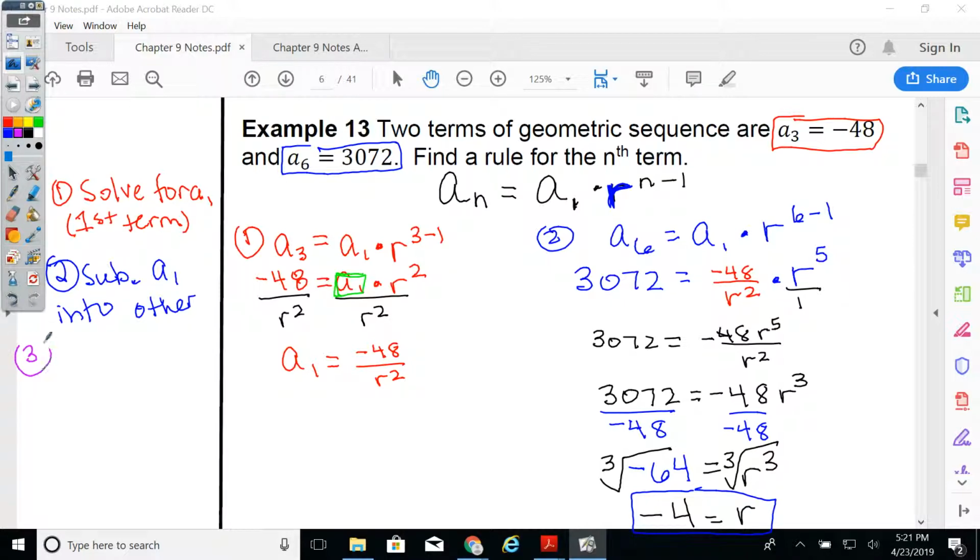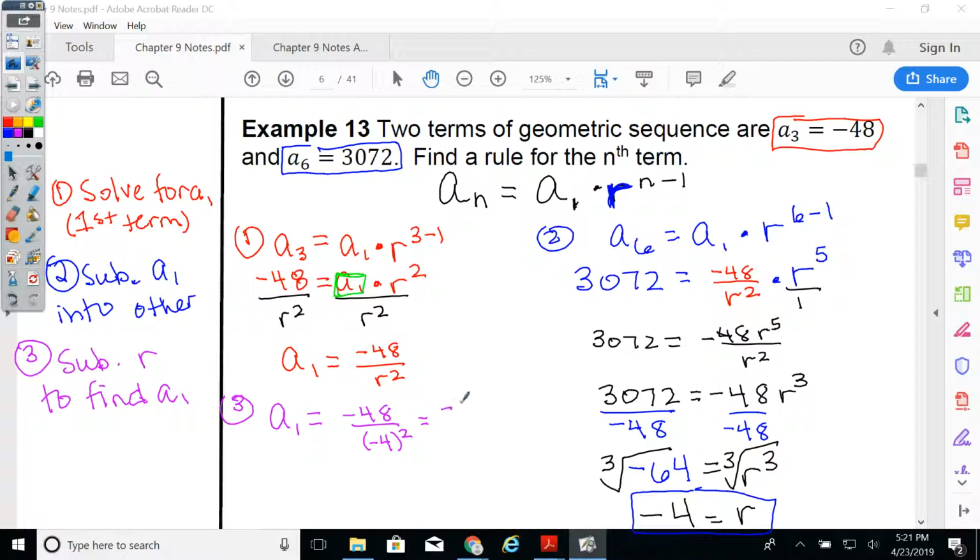So step 3 is to take that number and plug it in to the one we got from step 1 to find a1. So substitute r to find a1. So step 3 here, a1 equals negative 48 over negative 4 squared.